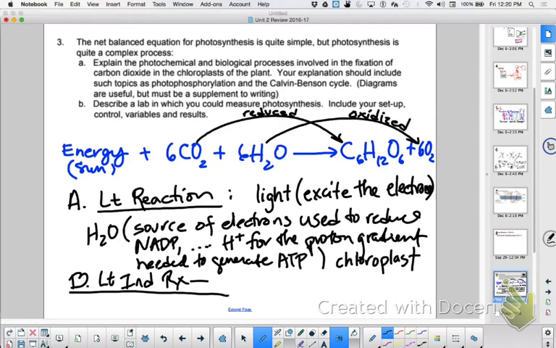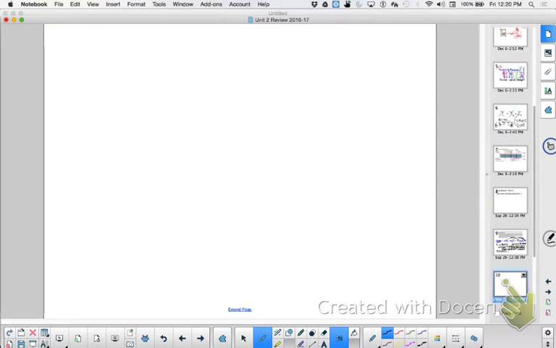Okay, and what are some things we need for the light independent reaction? Now I'm gonna start on a new page because it's getting busy. What do we need for the light independent reaction? It's just like the notes.